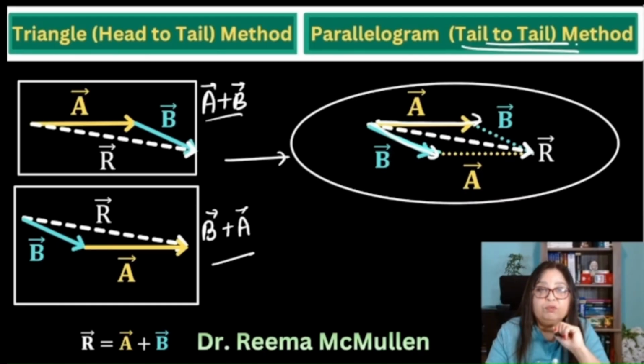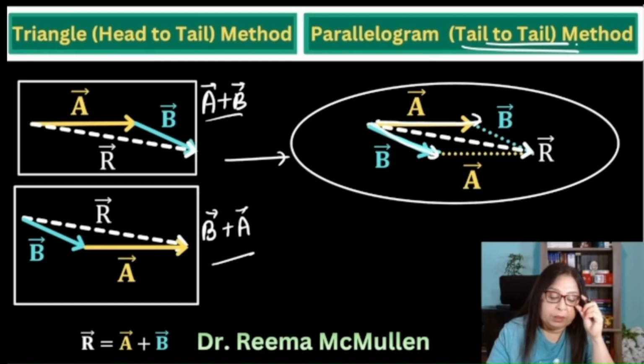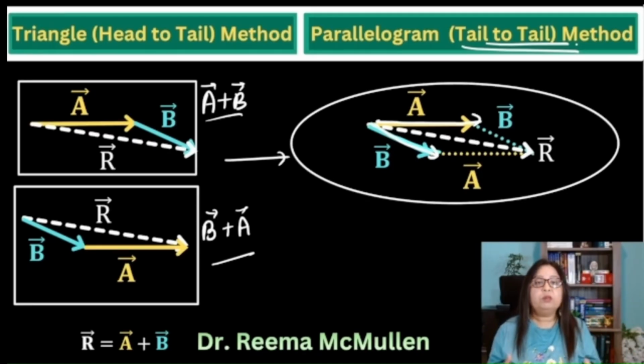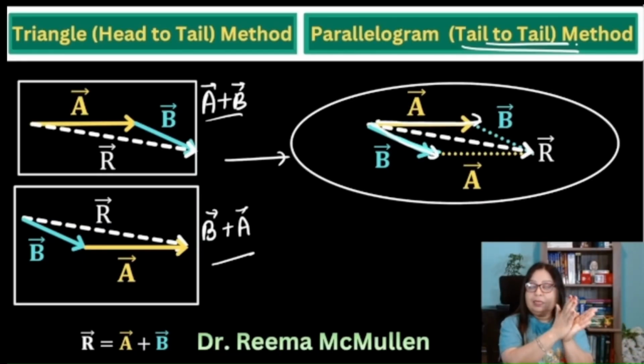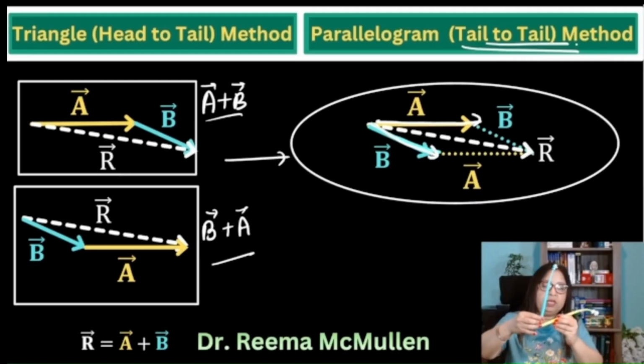So here's what you do for parallelogram law of vector addition. You take two vectors. You move the vectors parallel to themselves. You can move just one vector while holding the other fixed, or vice versa, or you can move them both, without changing their angle, without changing their orientation in the space, and bring them close to each other till they join tail to tail. Something like this. Join them tail to tail.